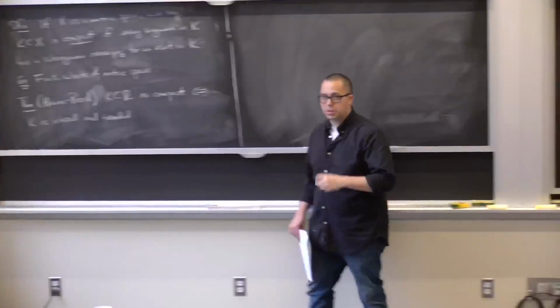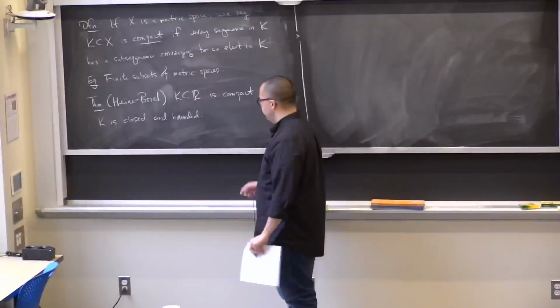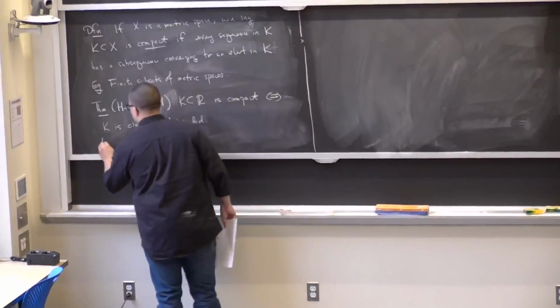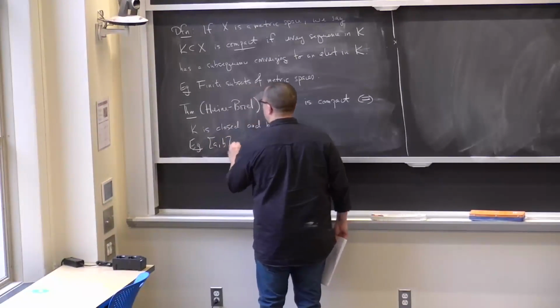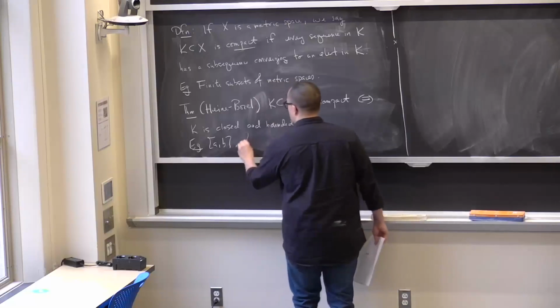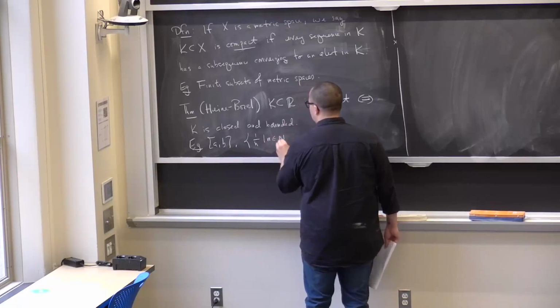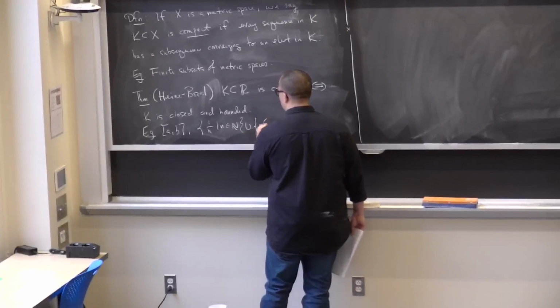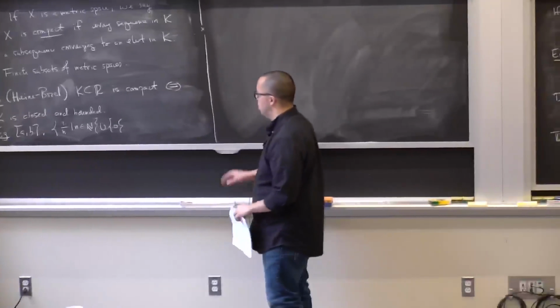Okay, so for example, the closed and bounded intervals [a, b], those are all compact sets. The set consisting of 1 over n, n a natural number, union the element 0, that's also a compact set. It's closed and it's bounded.